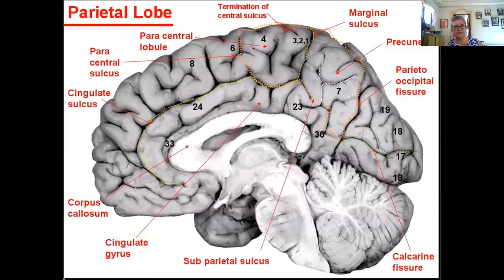So in the medial surface, be sure to know where your parieto-occipital fissure is so that you can delineate where the parietal lobe and where the occipital lobe is.